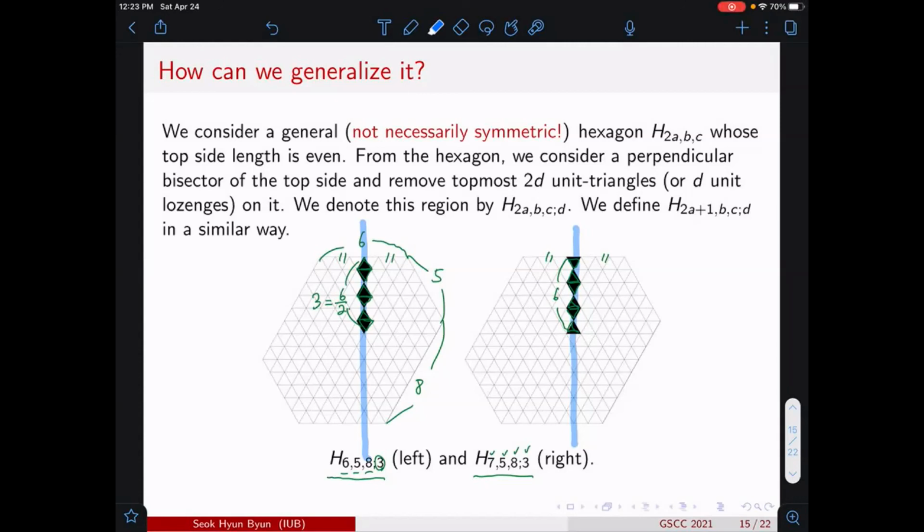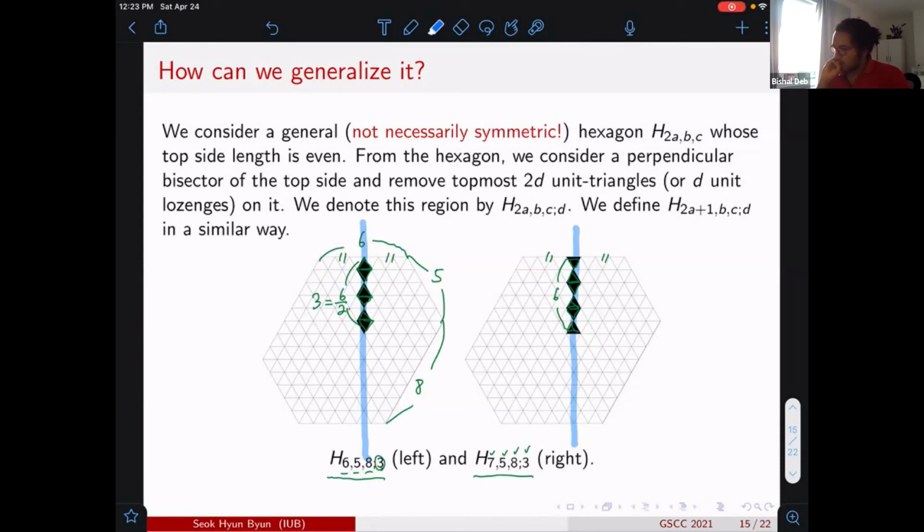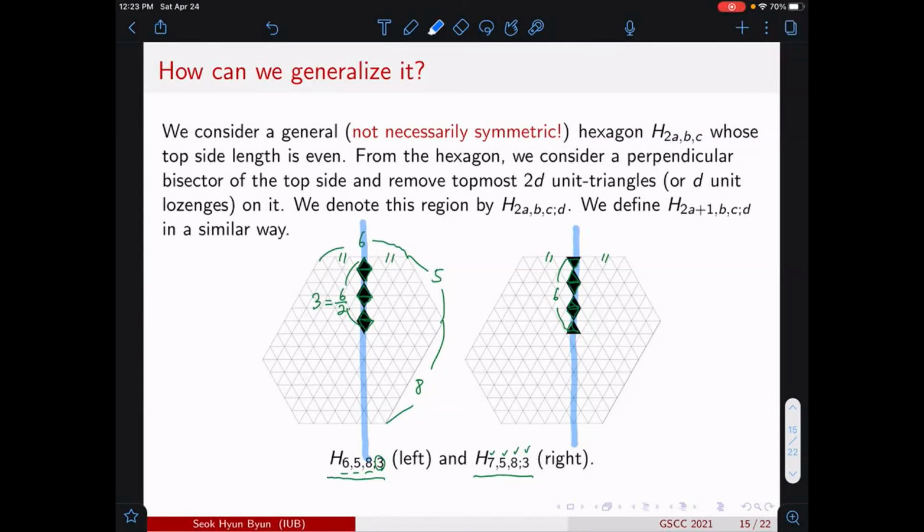That's a good question. Yeah, I mean, lozenge tilings and ASMs are good friends to each other, right? But unfortunately, my proof does not involve any ideas from the six vertex model or ASMs. And I think your question is, if I understand correctly, can I move this hole's location, right? But the thing is, my proof strongly used the fact that these are on this vertical line.